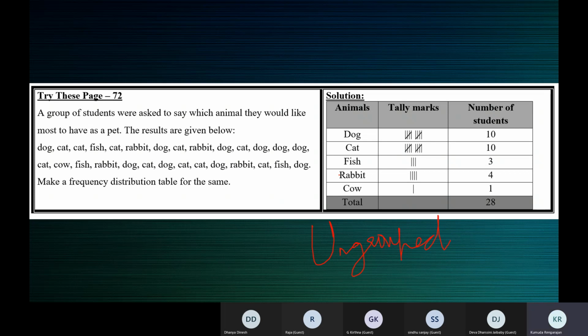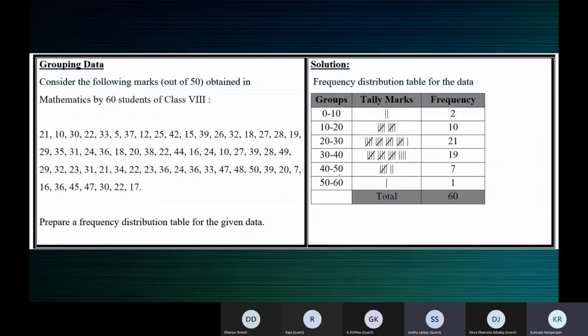Written children, ungrouped frequency table. Yes, ma'am. Have a look at this one. Which is the least value?